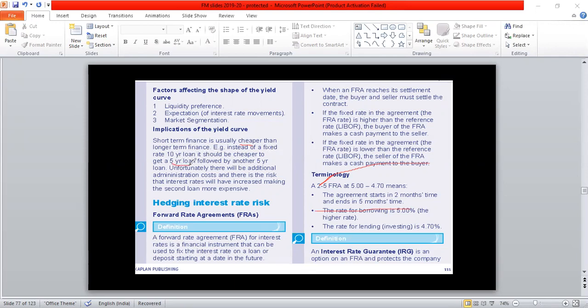So they can go for raising two short-term loans instead of waiting for one long-term loan. Long-term is again costly. So instead of that, go for splitting the time period into two short periods. For the first 5 years, a cheaper rate, then again redeem it and take it back, and then again go for a second 5-year loan. So that is the pattern that is suggested.